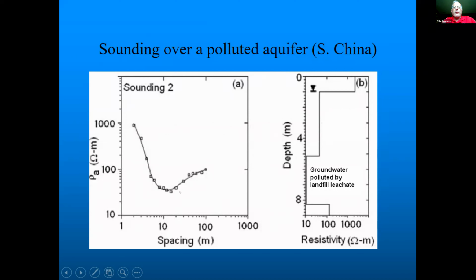And you can see a really big dip in the resistivity here. And when you interpret that, okay, the water table's right up here, right? So that's at 1 meter, it's very shallow. And then you've got this incredible drop in resistivity between about 4 and 8 meters. And that's the only way I can explain that.